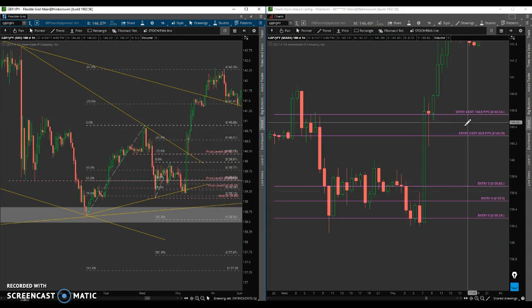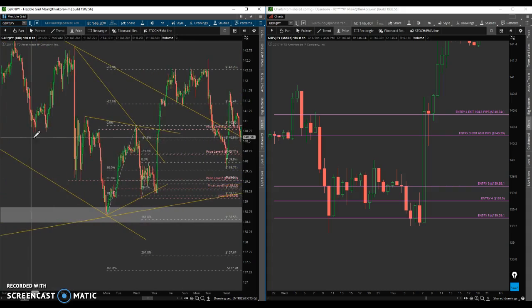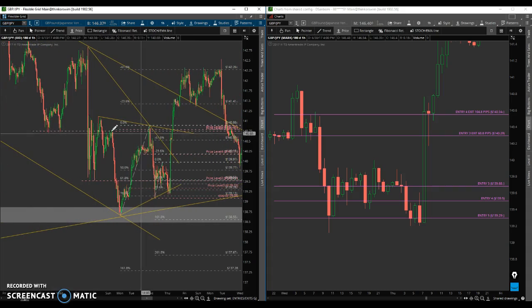Let's see, that was entry 3. Entry 4 was kind of this little trend line here. It was another structure level, and had some minor little structure levels here from back here. So that was where I took profit on that second part.